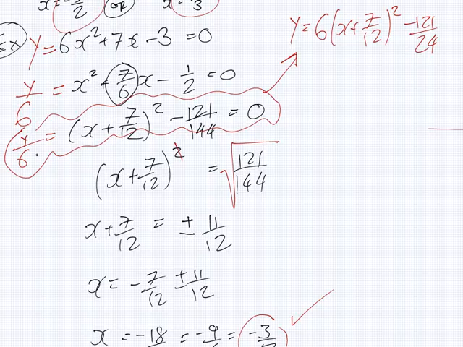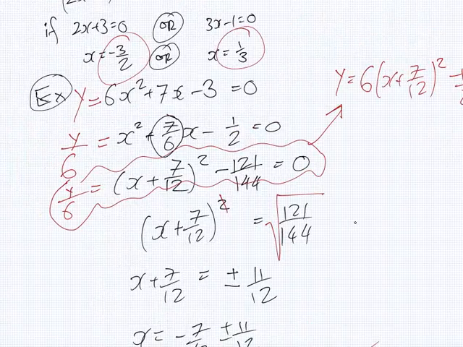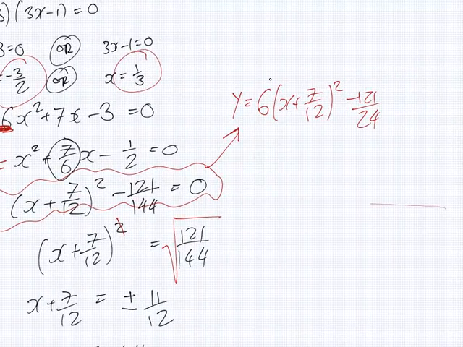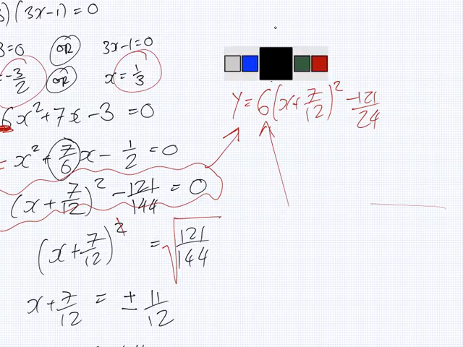Last time, when I had a problem like this and I wanted to complete the square, what did I do with the 6? I factored it out, and then later I put it back. That's exactly what I'm doing right here. I'm putting the 6 back. So you can see there it is back again. Okay? So if you look at this, what is the turning point?